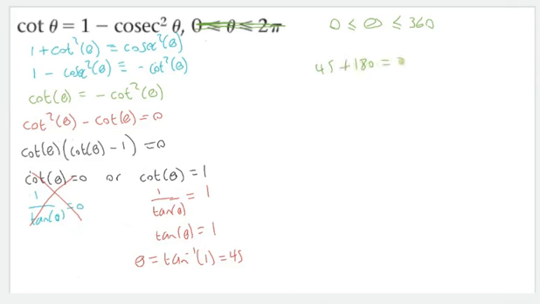Yes. So therefore, theta equals 45 and theta also equals 225. If we added 180 again, then that answer would be outside the range. So there we go. Any questions there? No, it's all good. Lovely stuff. All right, well done to you both. And yeah, that's it.